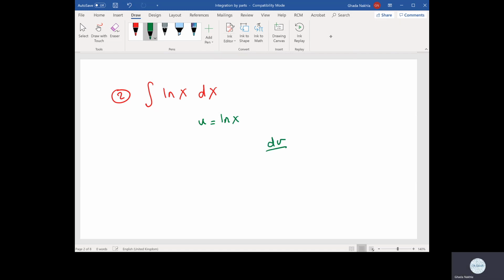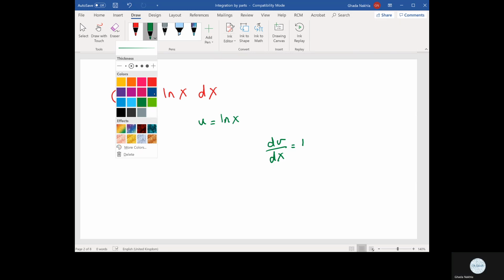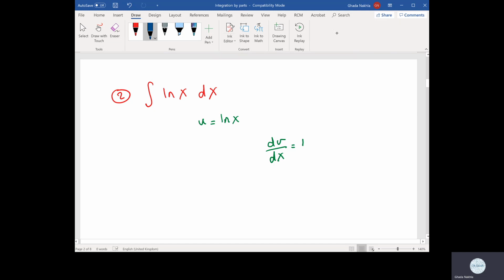Now, what is dv by dx? dv by dx is the invisible 1 that we can find here. So it's 1 times ln x. So dv by dx is 1. Let's differentiate and integrate. So we need to find du by dx. And when you differentiate ln x, you get 1 over x.